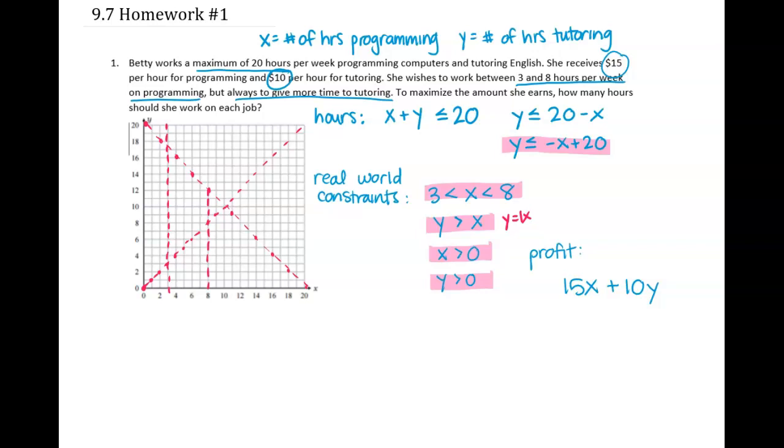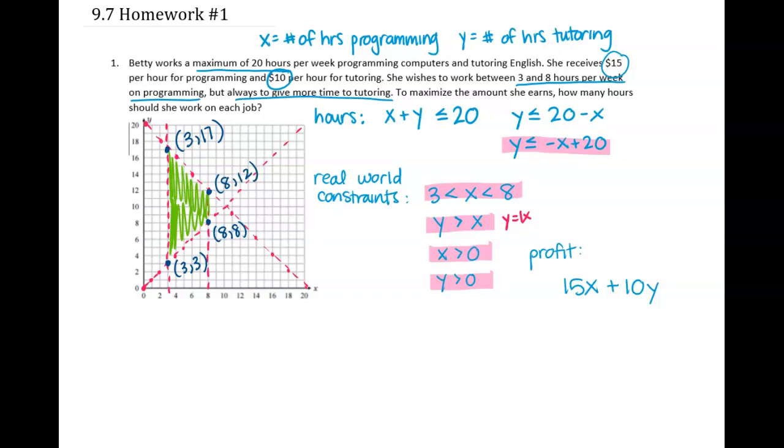Then let's look at where we end up shading. So our enclosed area, right here in the middle. And then our points of intersection we have are (3, 17), (3, 3), (8, 8), and (8, 12).